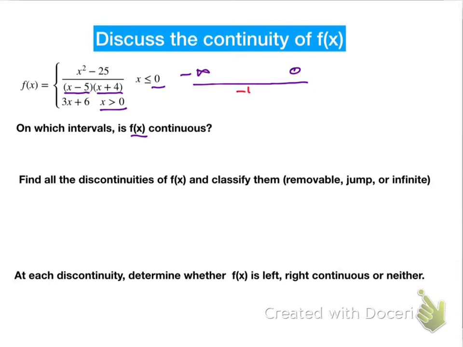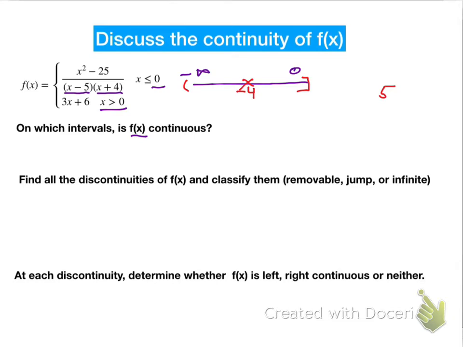So at x equal to negative 4, the function is discontinuous. What about when x equals 5? It doesn't matter, because this rational function is only defined on the interval from negative infinity to 0. So 5 is on the other side, which doesn't matter in this example.